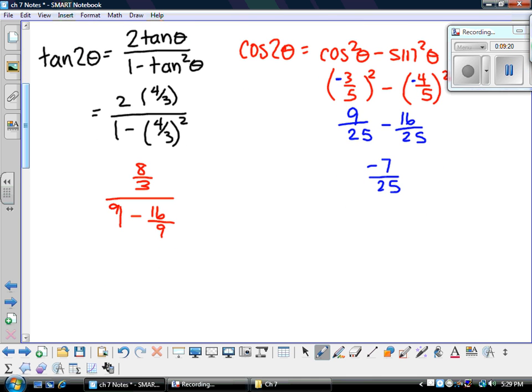Get a common denominator. 8/3 over negative 7/9. Multiply by the reciprocal.